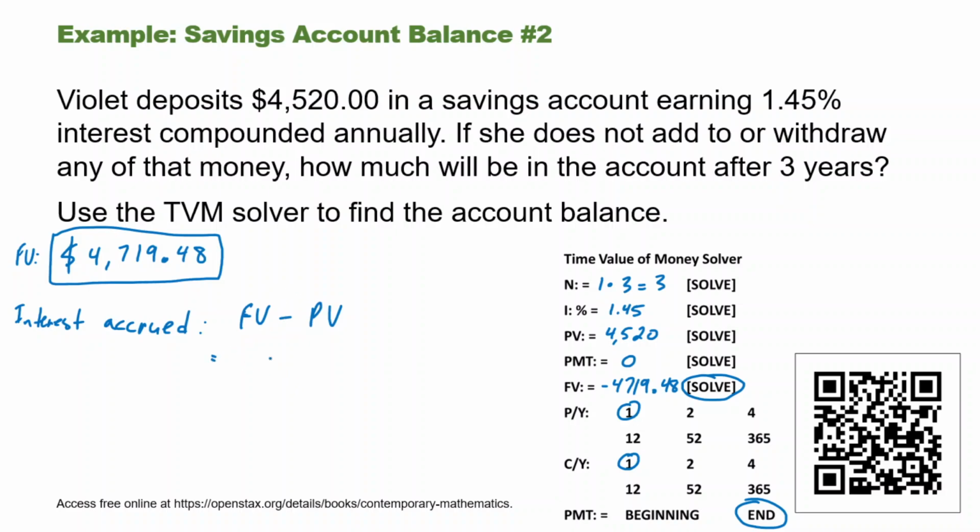And so if we calculate that, we begin with $4,719.48 and subtract 4,520, which is equal to $199.48. And that is the interest that's accrued from this 1.45% compounded annually for 3 years.